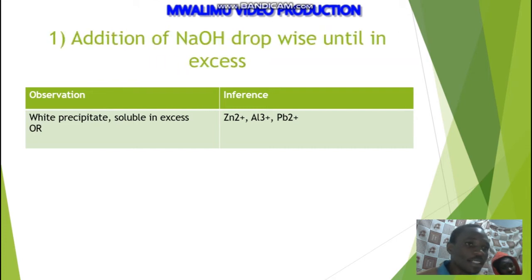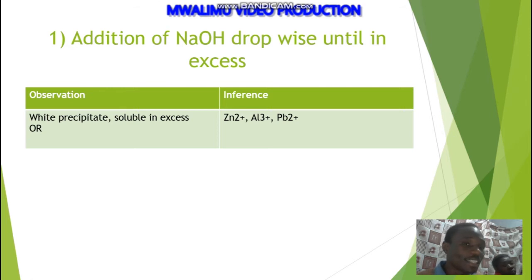Now, when you have been given a reagent named sodium hydroxide, they will write on the bottle NaOH, sodium hydroxide, and they will give you the statements to follow. They will tell you to add sodium hydroxide to solution B until in excess, or solution X, okay?